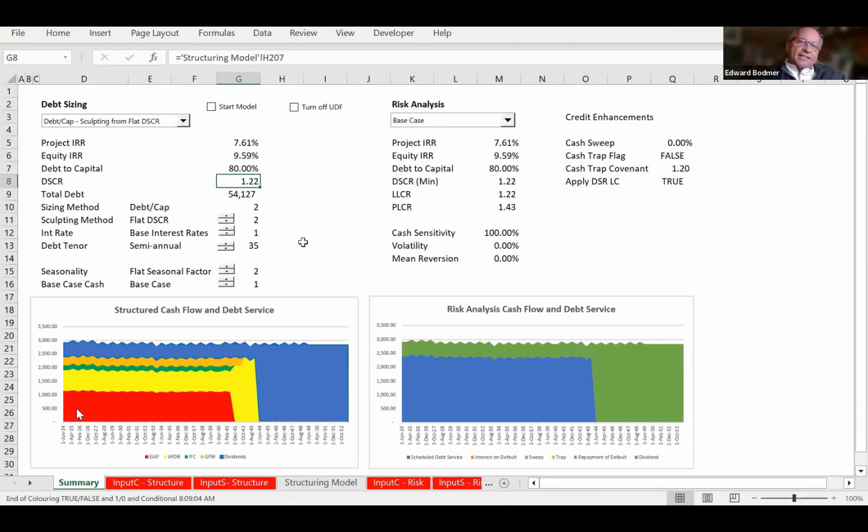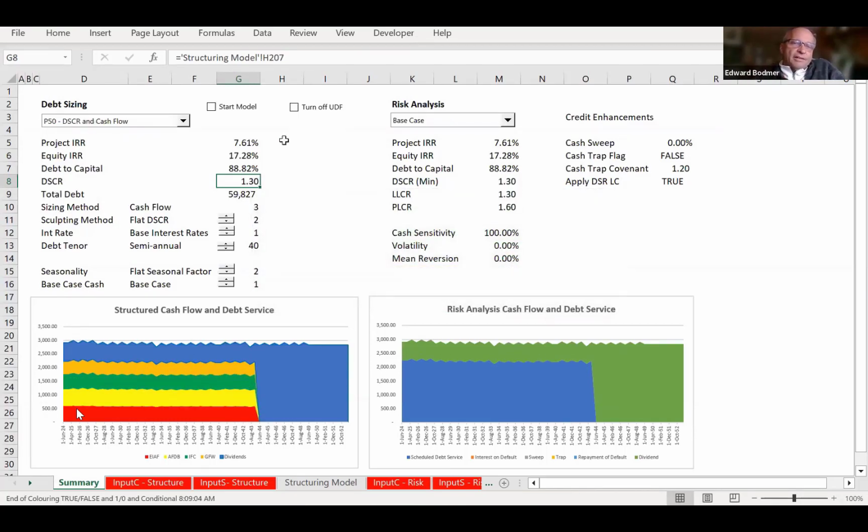Just setting up a model to do this, Hetty and Mike and I worked through simple examples with no circular reference to demonstrate the mathematics of coming up with this. But then we go to the next step and say, okay, instead of doing this with debt to capital, I put in another scenario.